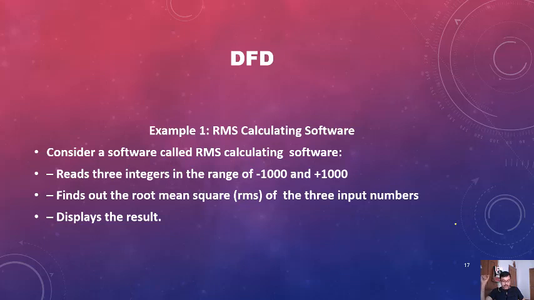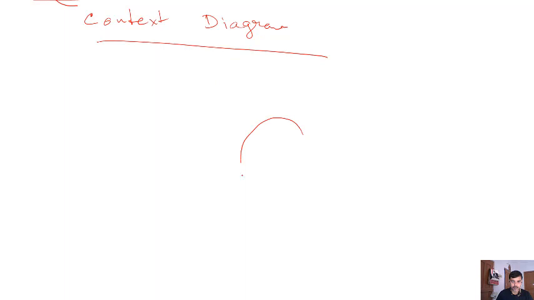So first we have to draw the context diagram. What we have told is that in the context diagram the whole system is to be considered as a process.